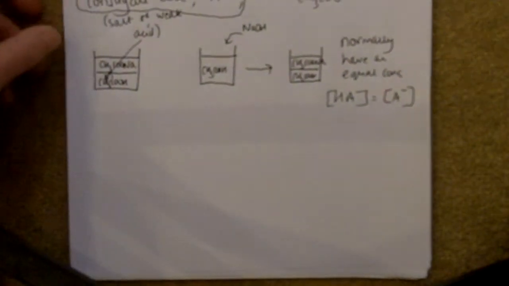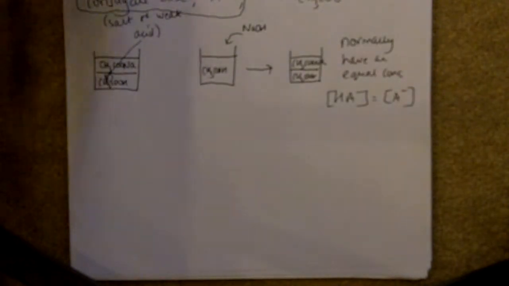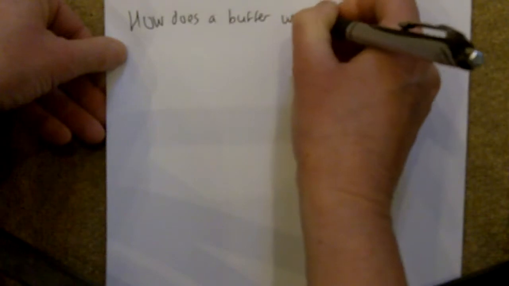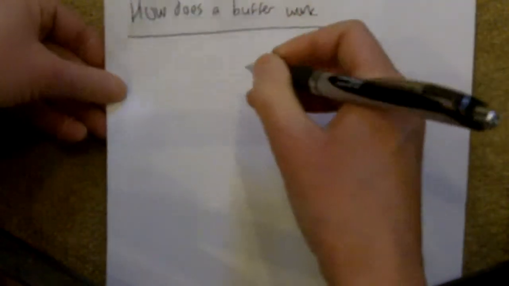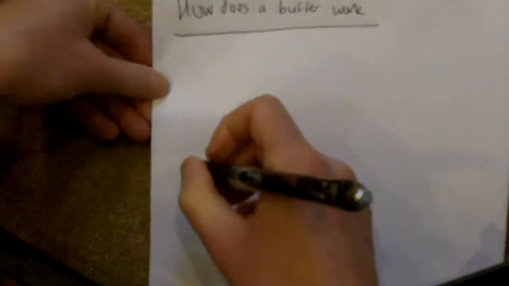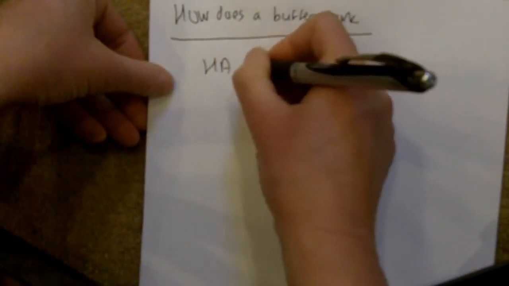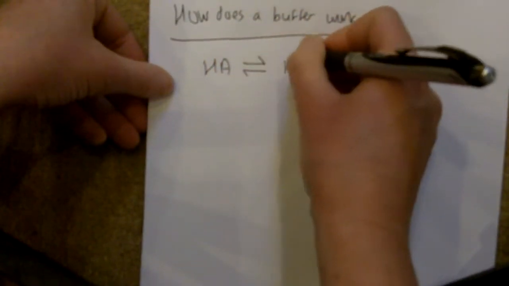How does a buffer actually work is our next one. Right, so you've got two things in a buffer solution. You've got the weak acid, which partially dissociates into ions.